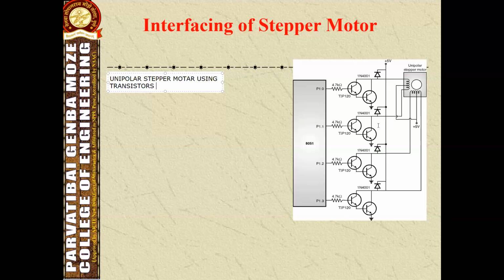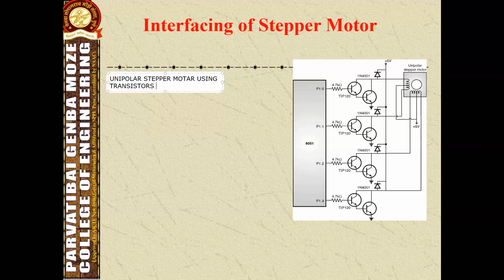Here the unipolar stepper motor is interfaced to the 8051 microcontroller using this configuration. In this configuration, it has diodes. These diodes are used to reduce the spike which is generated by the coil when it is energized and de-energized.